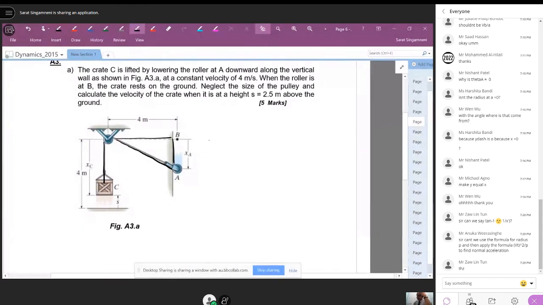So the total length of the rope is root xa squared plus 4 squared is this part, plus this extra xc, plus xc is equal to the total length of the rope is given as 8. Once this is given, write it as xa squared plus 4 squared whole to the power half plus xc is equal to 8. Differentiate both sides with respect to time.